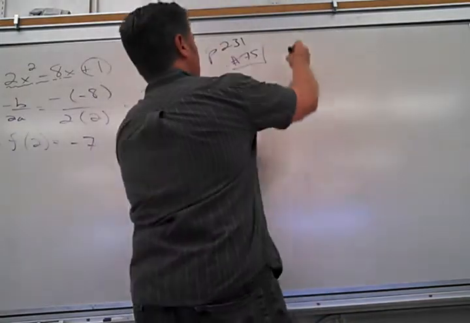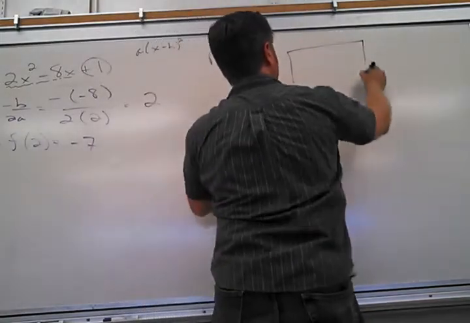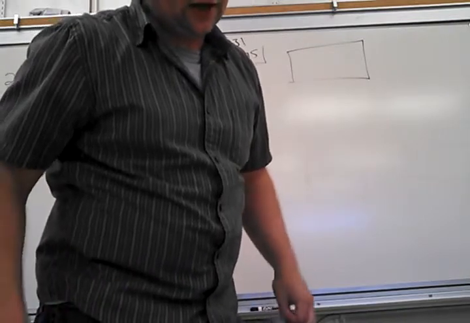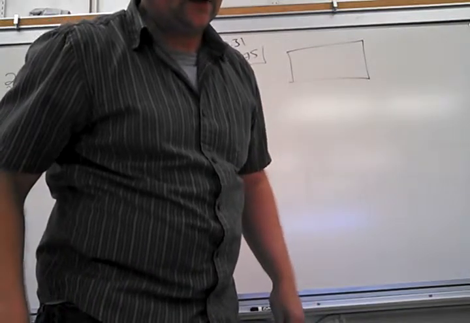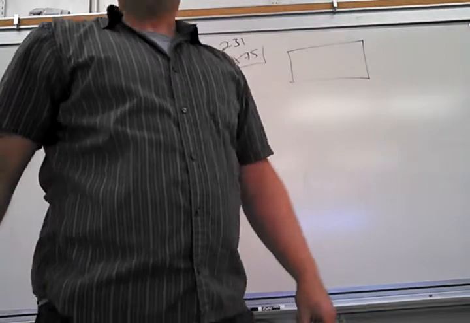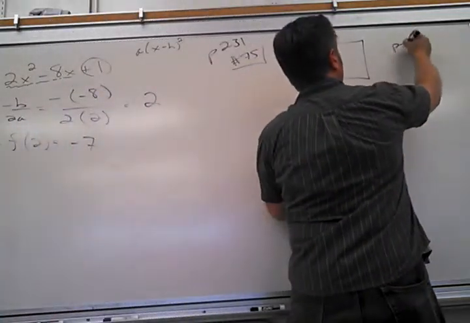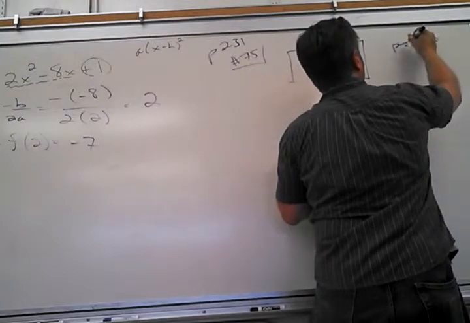And they are excessively nice to you guys. Way too nice. So Carol has 2,400 feet of fencing to fence in a rectangular horse corral. So the perimeter is 2,400.